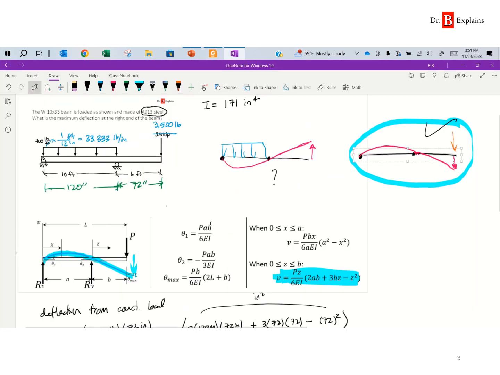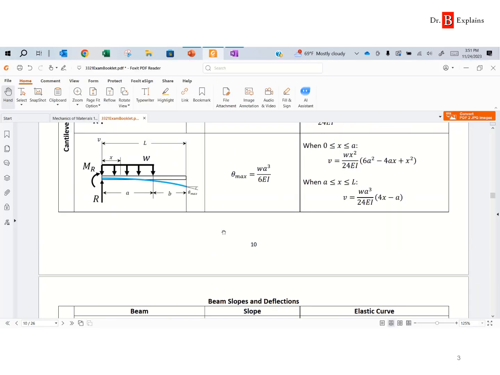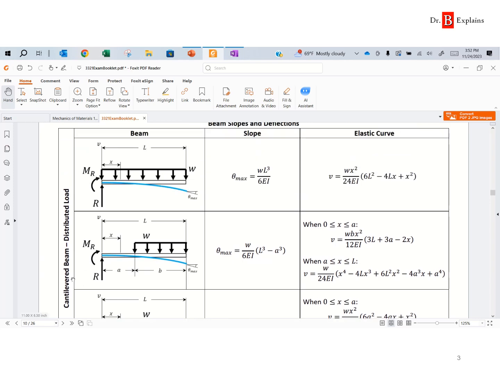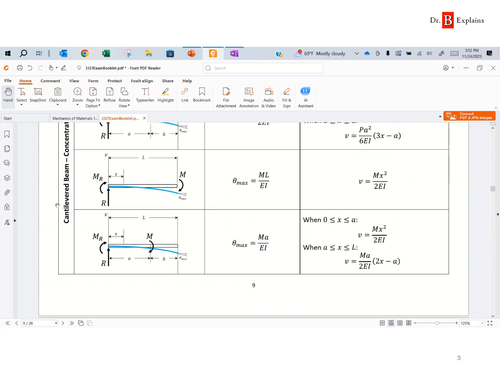So what we're going to do instead is, since we don't have the overhanging portion, let's look for in between the supports. In between the supports, that would be considered a pin and a roller, a simply supported beam. So do we have equations for simply supported beam? Let's scroll. This is cantilever, so that's not good.